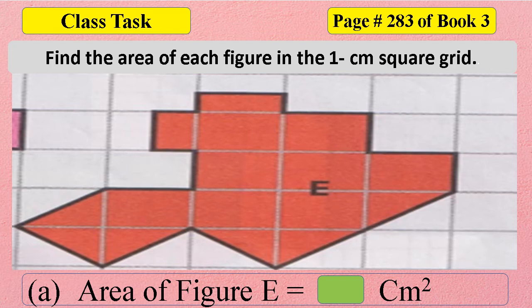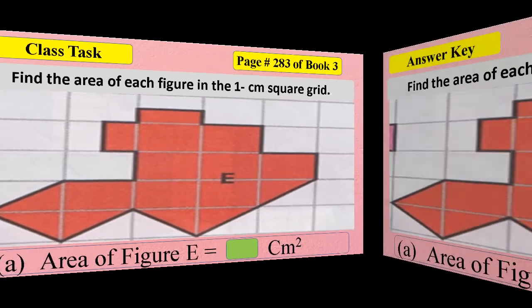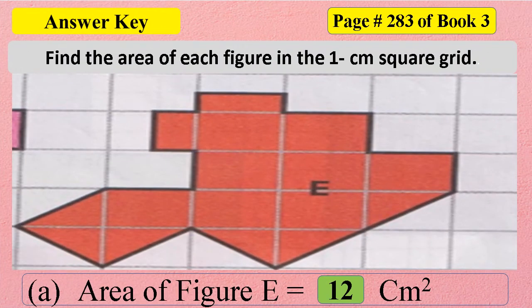Now we do the remaining part E of page number 283 of book 3. You see figure E here of the red color.